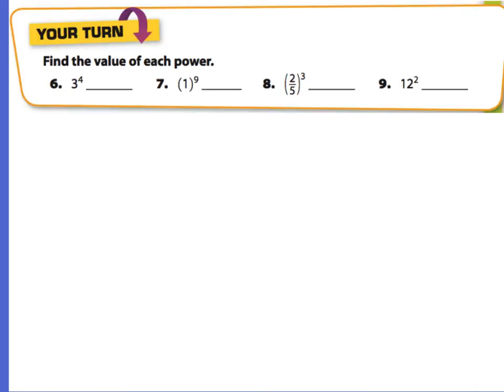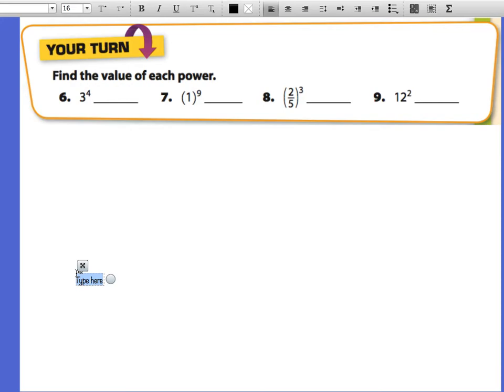All right, so I want you to take a minute, and I want you to not only find the value, I want you to write down what's actually happening. So like 3 to the 4th power would actually be 3 times 3 times 3 times 3. Okay? Just so we can get in that habit and practice.